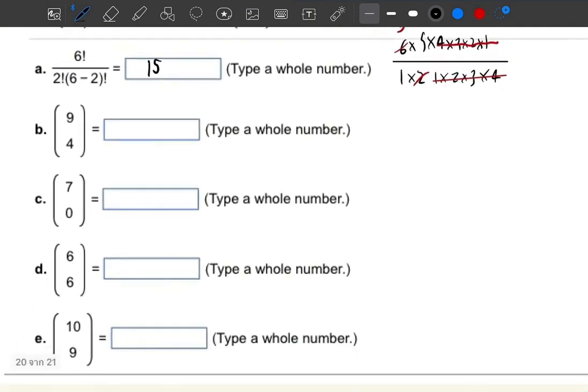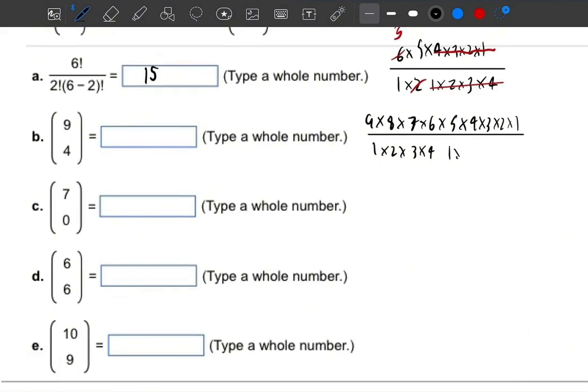The next one is B. 9 choose 4 is equal to 9 factorial, so it's 9 times 8 times 7 times 6 times 5 times 4 times 3 times 2 times 1 divided by 4 factorial, 1 times 2 times 3 times 4, and times 9 minus 4 factorial, so it's equal to 1 times 2 times 3 times 4 times 5.